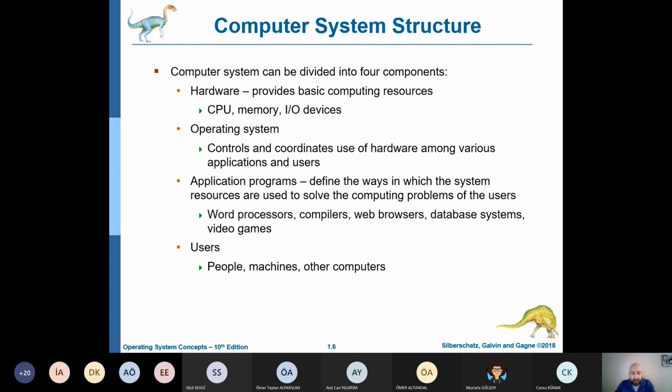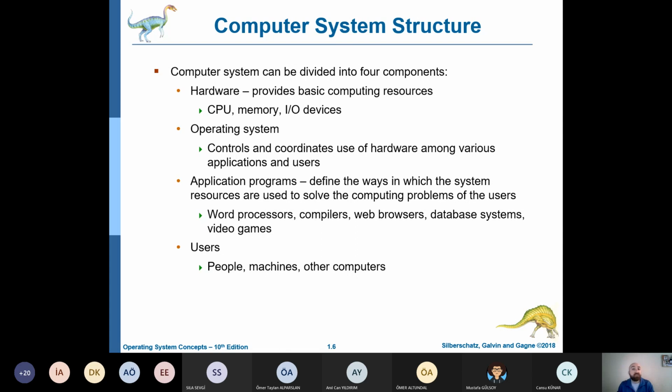As you know, a computer system can be divided roughly into four components: the hardware, the operating system, the application programs, and the user. For the hardware, we are indicating the central processing unit, the memory, and the input-output devices. The hardware provides the basic computing resources for our computer system. The second part is the operating system.